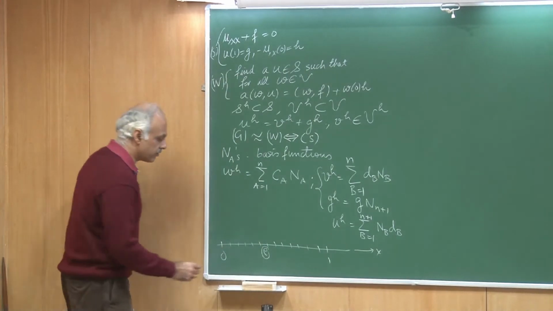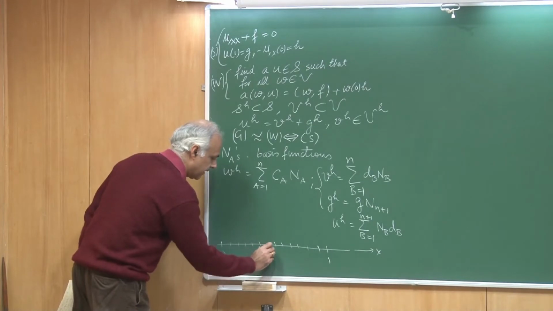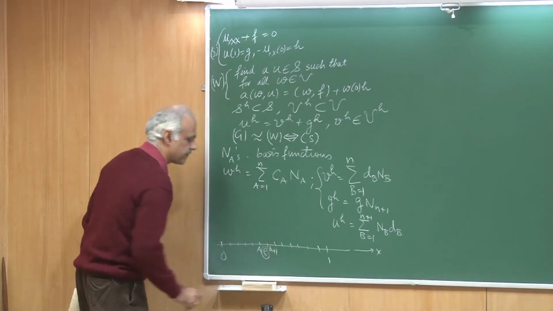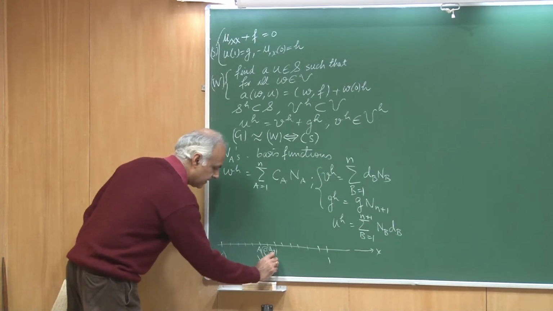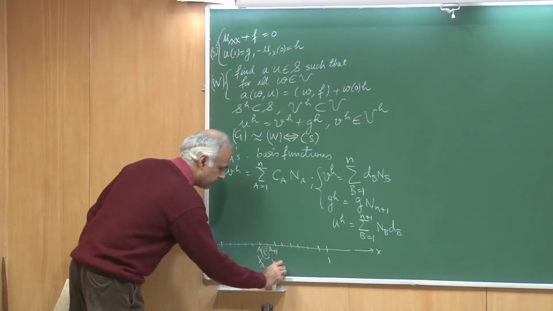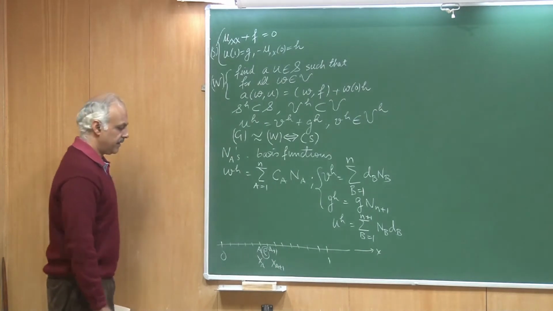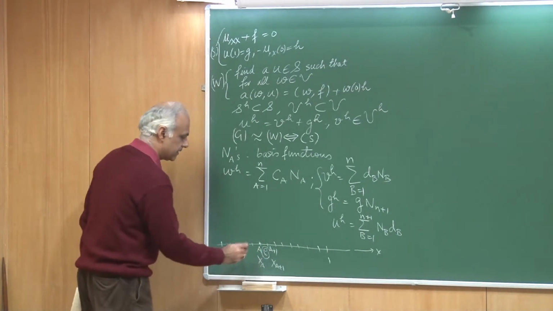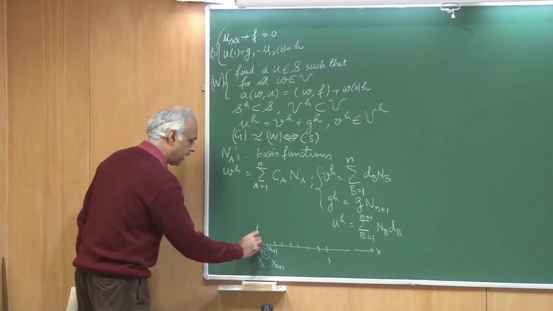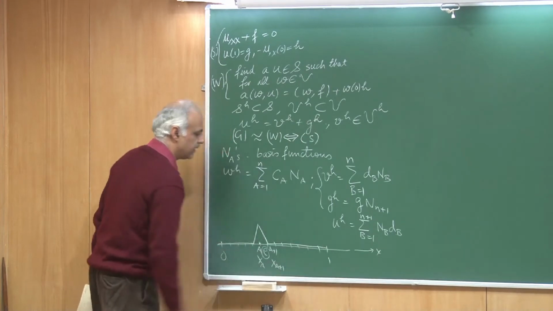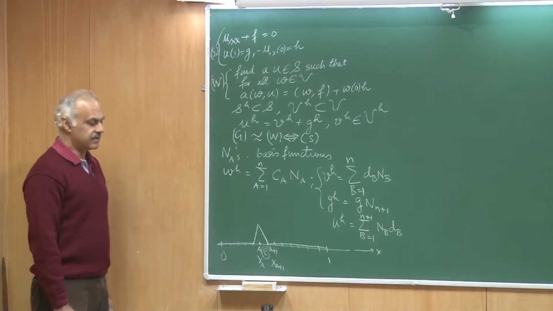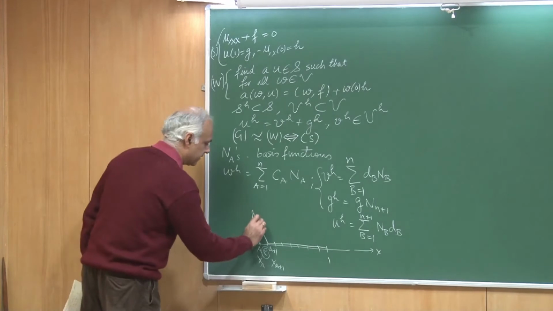It consists of node A and node A plus 1, and the coordinates of these are x_A and x_{A+1}. And for this, the shape function was defined to be a hat function given like this. So, it is 1 in a very local support and it is 0 elsewhere. So, this was N_A.